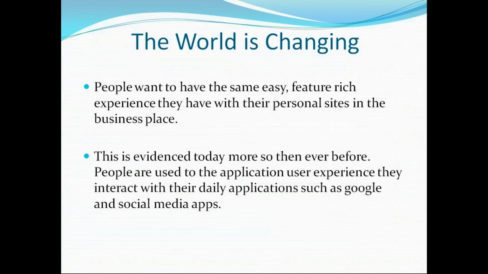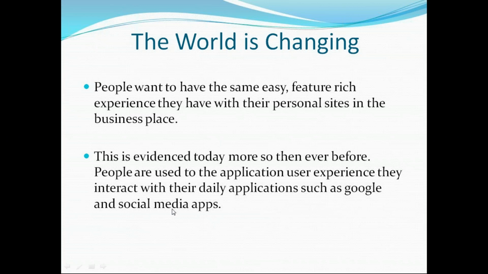See this? People want to have the same easy, feature-rich experience they have with their personal sites in the business place. Yes, they want to place their orders, they want to recruit employees, they want to check the stock of the material as simply as how they place an order in Amazon, how they tweet, how they send mail, how they chat. That simply, even at the workplace.